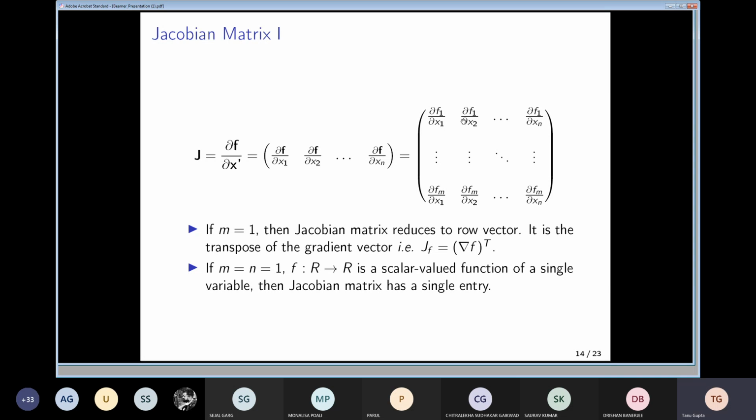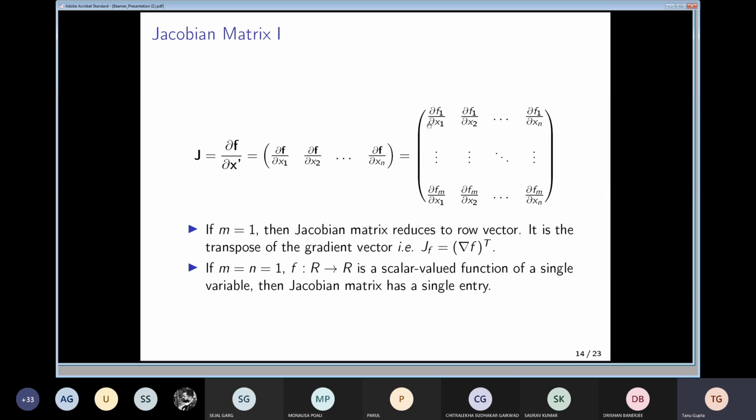Similarly, this second entry is nothing but del f1 over del x2, which means the partial derivative of the first element of vector y with respect to the second element of vector x. Okay, so this is how we stack a Jacobian matrix.